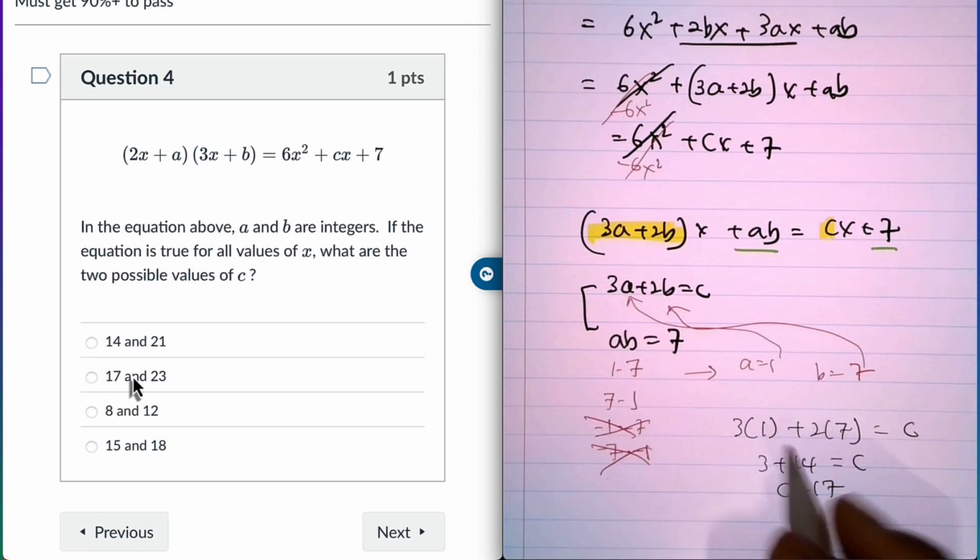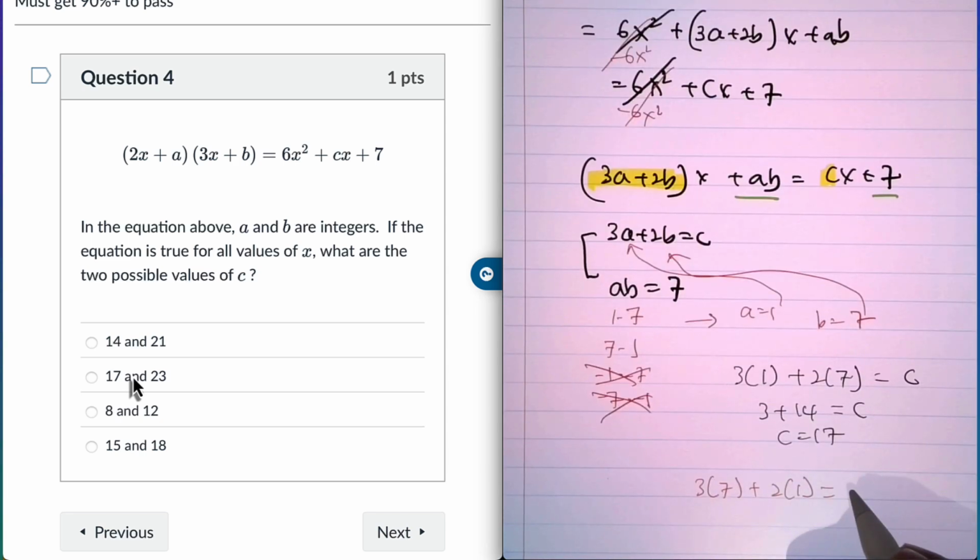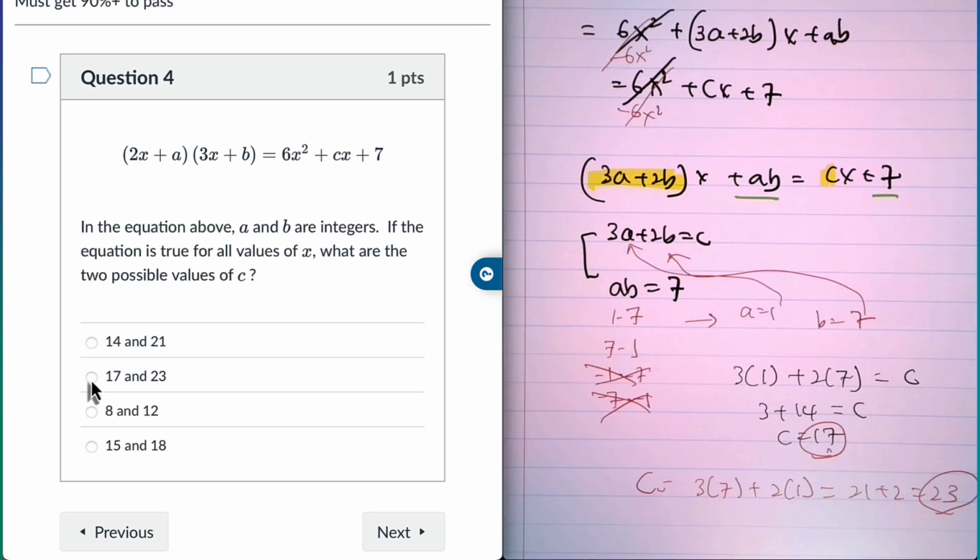When you plug it in, 7 for a and 1 for b, we're gonna get 21 plus 2. Okay, this can also equal c. So that tells us the two possible values of c can be either 17 or 23. Therefore, the second answer choice here would be correct.